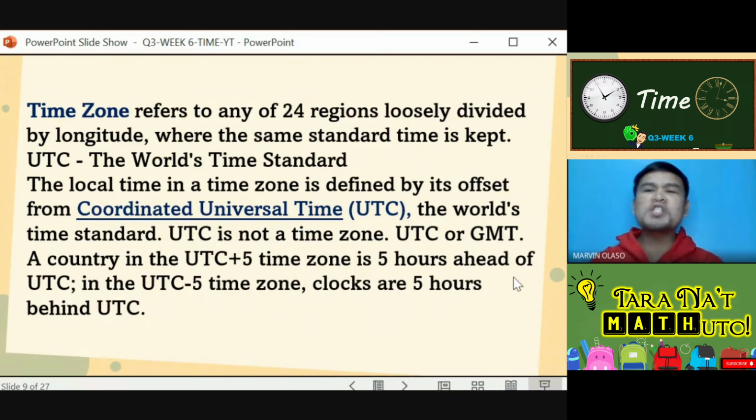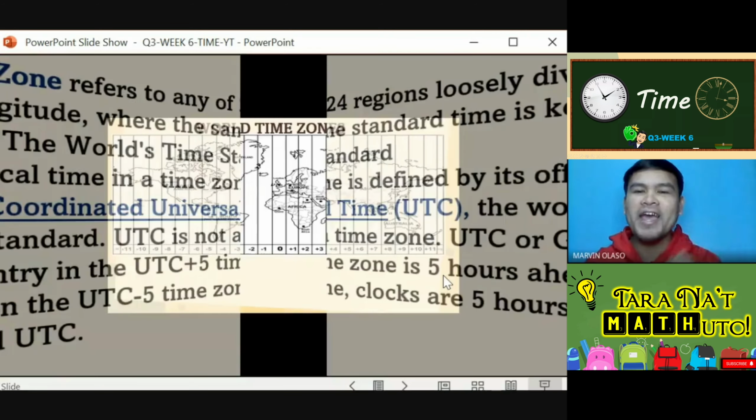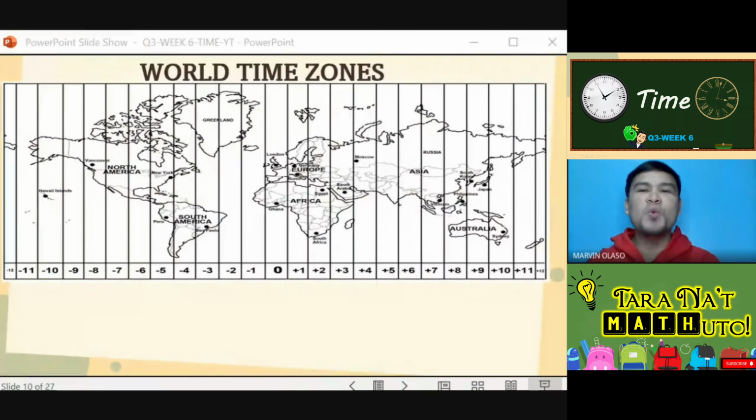Okay. So let us elaborate that using the world time zones map. Ayan. Ito yung ating world time zones. Every place has its own time zone, and the UTC or GMT, yan po yung nasa baba.